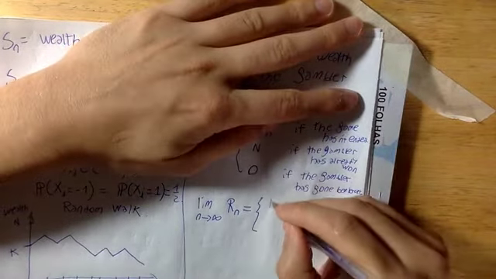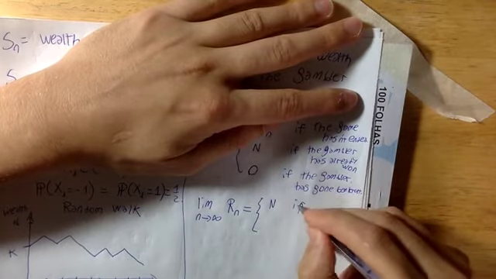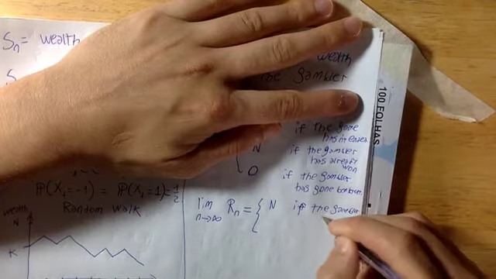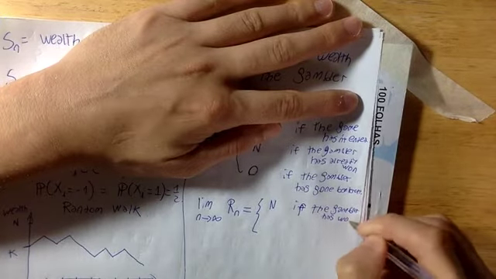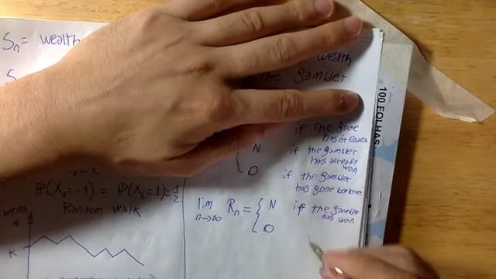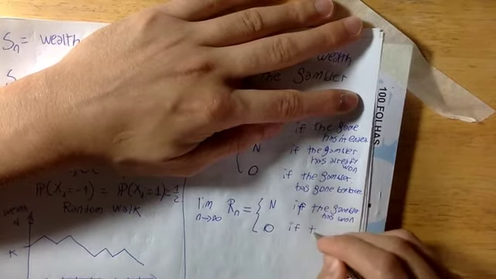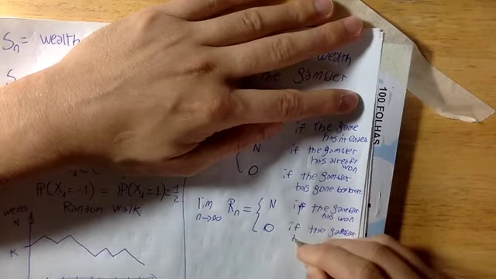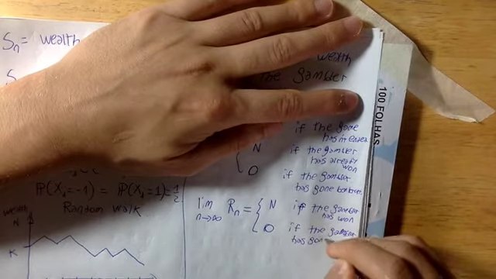This is going to be N if the gambler has won, and it's going to be 0 if the gambler has gone bankrupt.